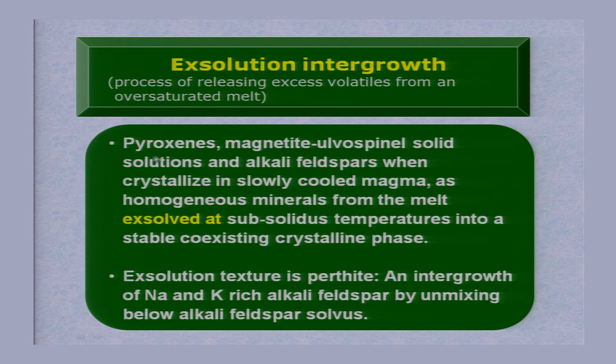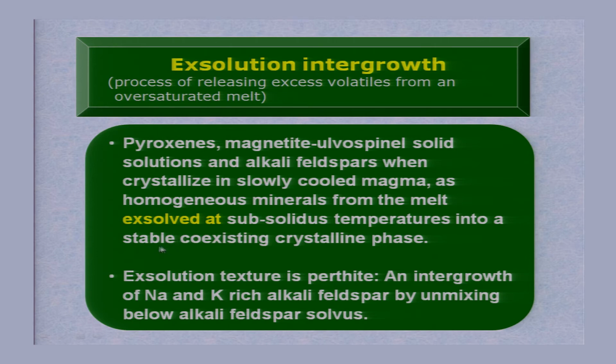I am citing an example of pyroxenes, magnetite-ulvospinel solid solutions and alkali feldspar, which when crystallized in slowly cooled magma as homogeneous minerals from the melt, exsolve at subsolidus temperatures. See carefully, when the magma contains an excess amount of volatiles and it crystallizes under subsolidus temperature, the exsolution phenomenon takes place.